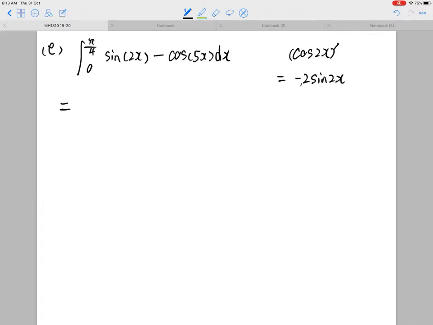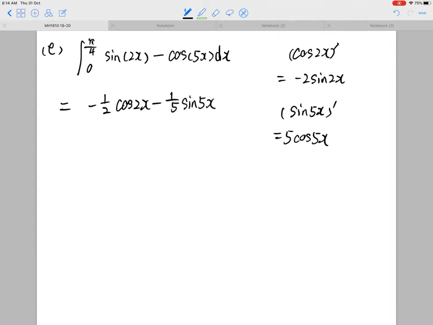So in order to change this negative 2 to 1, you have to multiply negative half in front. Negative half cosine 2x, and minus the second part: sine 5x's derivative is 5 cosine 5x, so you have to multiply 1 over 5 in front. From 0 to pi over 4.